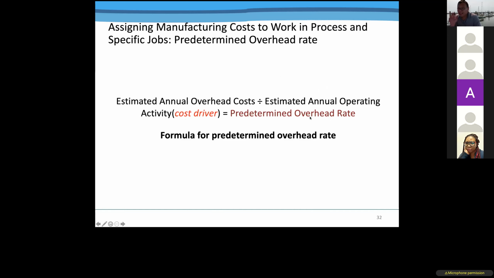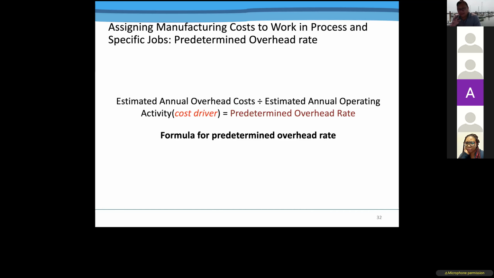I'm going to say that again. Estimated, again, this is not actual. It's estimated annual overhead cost, divided by estimated annual operating activities, the cost driver, and that equals the predetermined overhead rate.